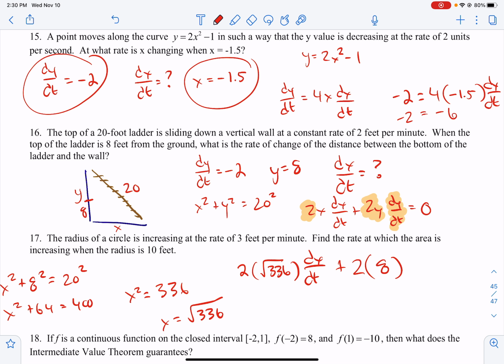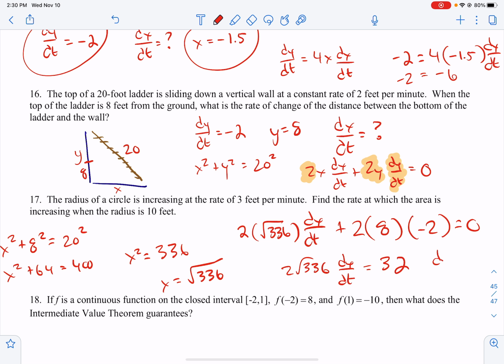My dy/dt is -2, equals 0. So this becomes 2 root 336 dx/dt, not plus, minus 16 times 2, so -32. So let's just add that to the other side and make it positive 32.